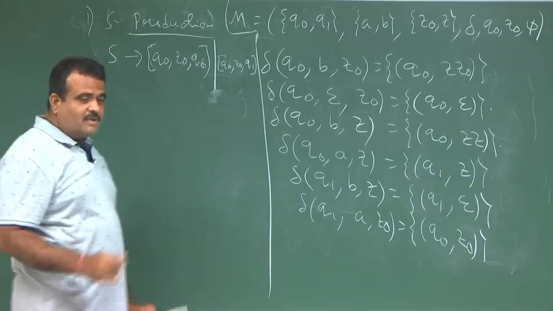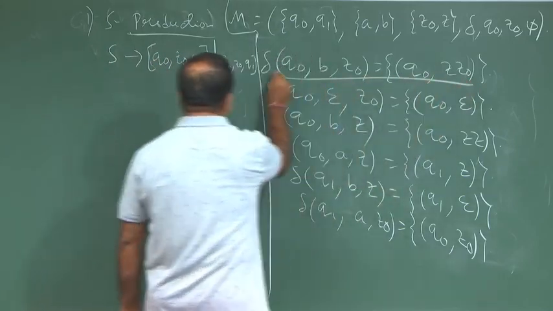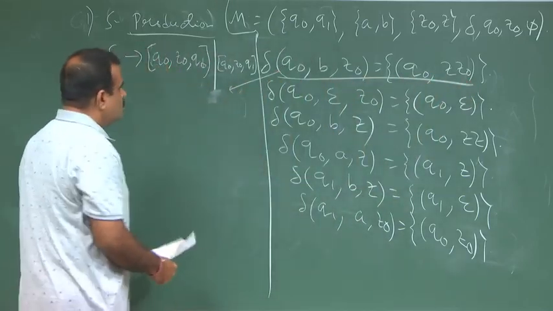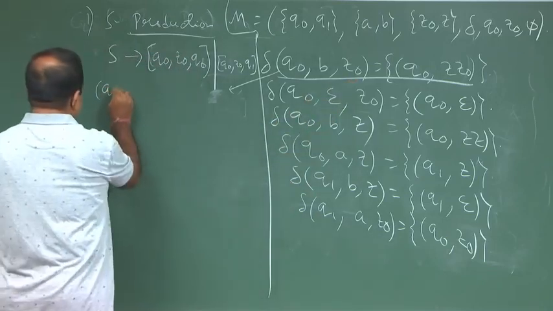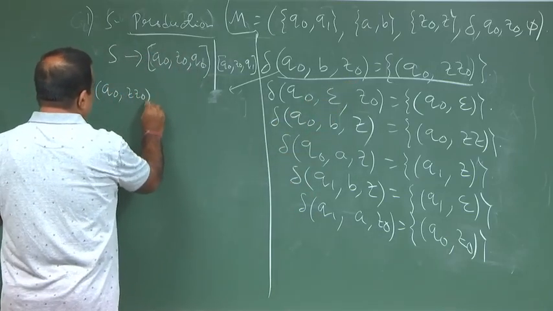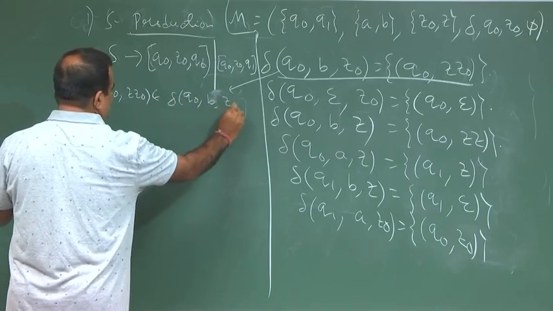Now, the other rules are coming from the transitions. Let us take this transition and see how it will convert. This belongs to delta of q0, b, z0.